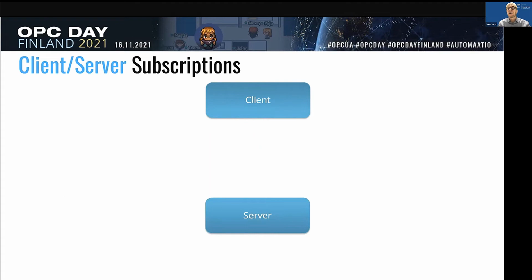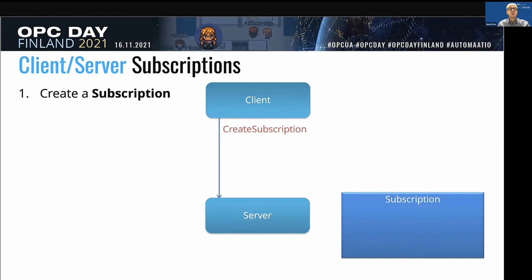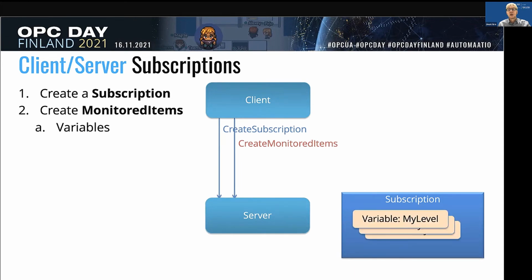Plus, there are also subscriptions. And the subscriptions are used for monitoring changes in the server. And the model works on the principle that the client creates a subscription for itself in the server. And then it creates monitored items in this subscription that define variables to monitor or event notifiers to monitor.